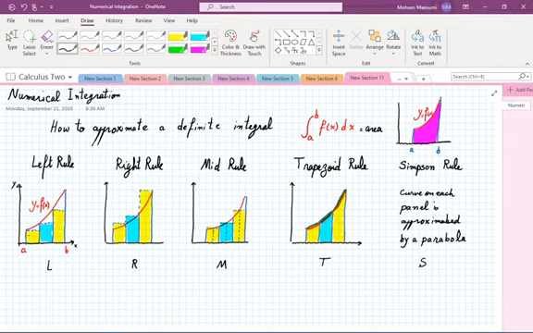So in the left rule method, the idea that we have is that after you have sliced up your region, go ahead and pick on the left point of upper left corner of these panels. So here's a point, here's another point, here's a third point here.